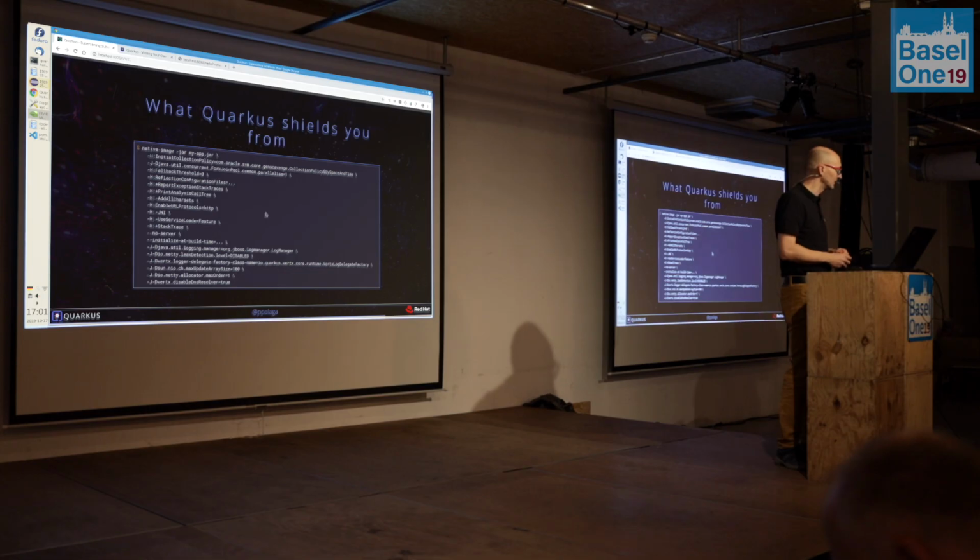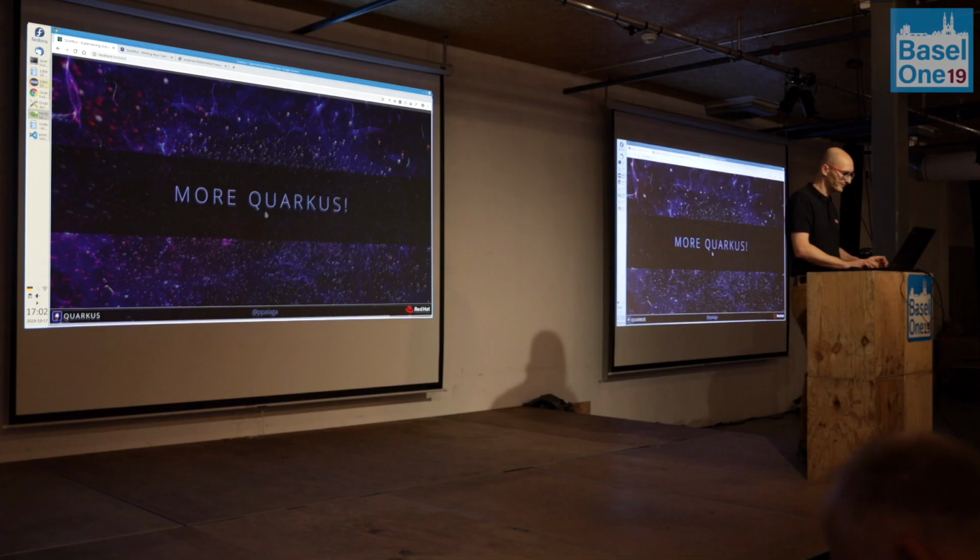It's tens of command line parameters that you need to know about, and some of them are files that may have tens or hundreds of entries in them. And this is what Quarkus very, very, very well shields you from. You don't need to know this at all. All that knowledge is encoded inside the extensions that support your library or framework.